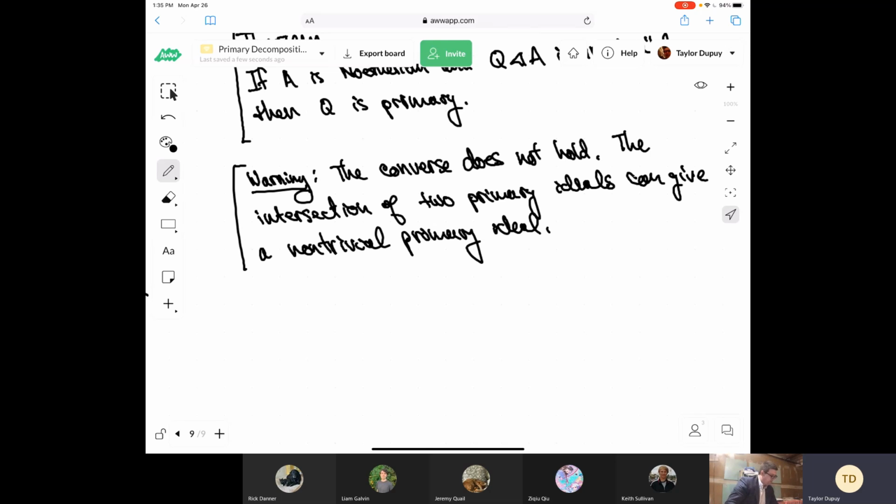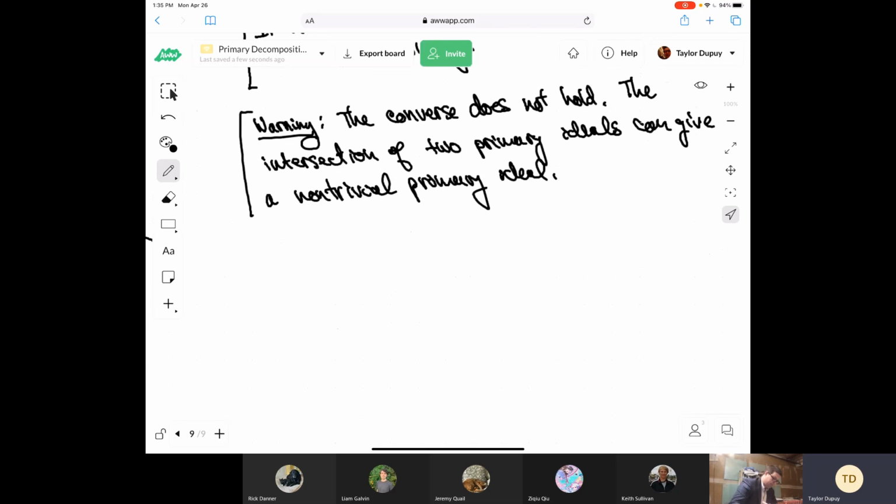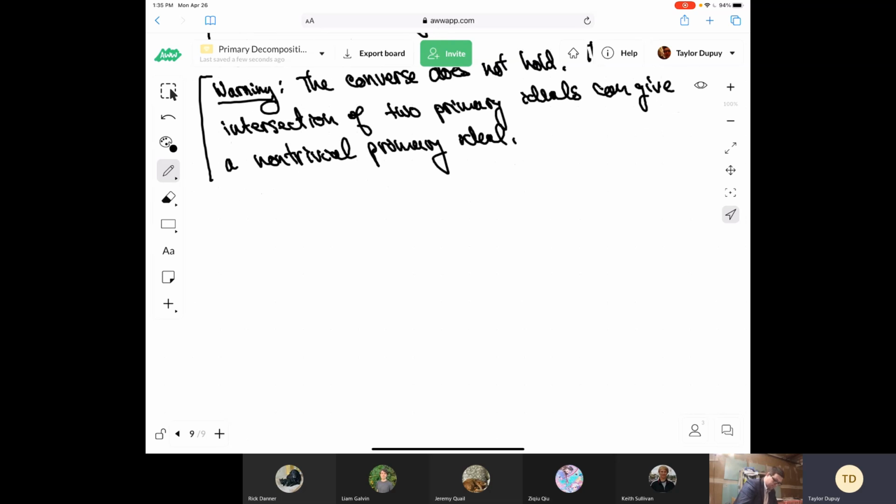Okay, so let's do the proof of the theorem. So suppose that Q is irreducible. We're going to use the Noetherianity assumption.